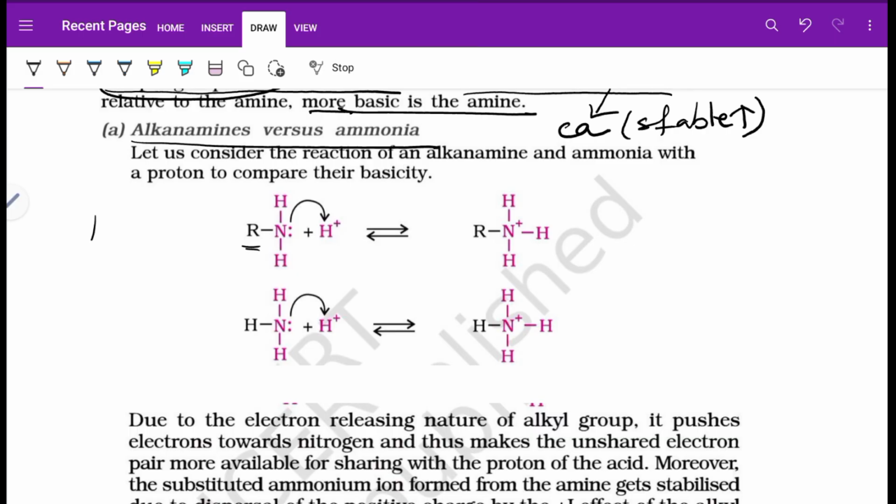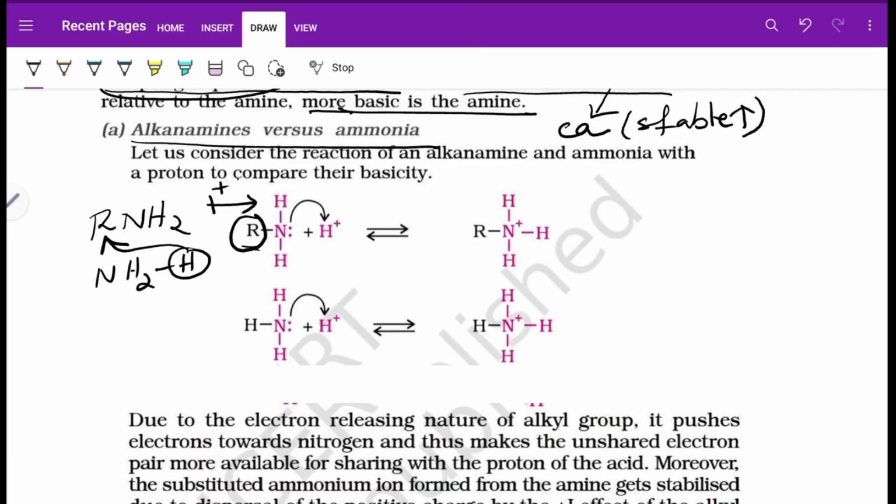Like if I say RNH2, in NH3 the H is substituted by an alkyl group, then it is known as an alkanamine. How is it different? Now the R group has plus I effect.